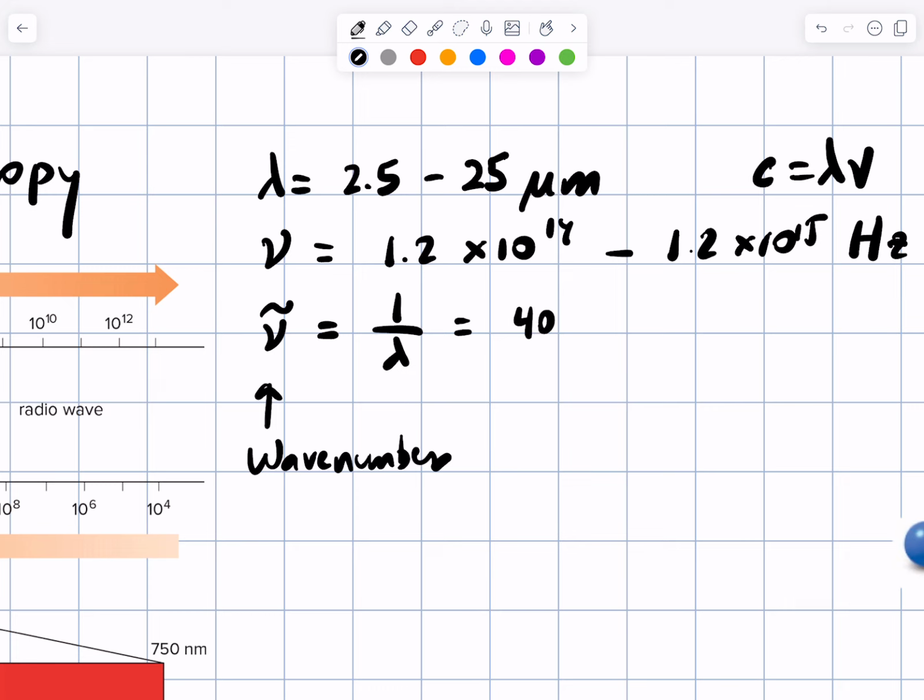And this is expressed in units of inverse centimeters. So the infrared region of the spectrum is from 4,000 to 400 inverse centimeters. That means 4,000 to 400 waves per centimeter. That's how many oscillations are packed into that distance.